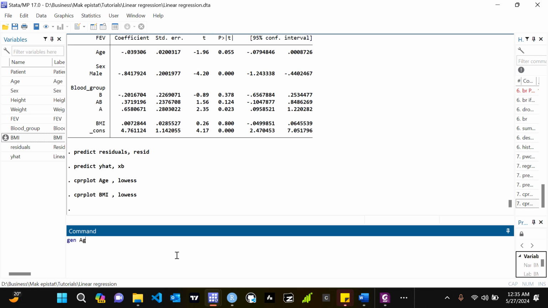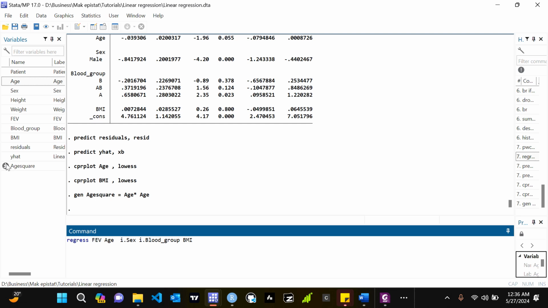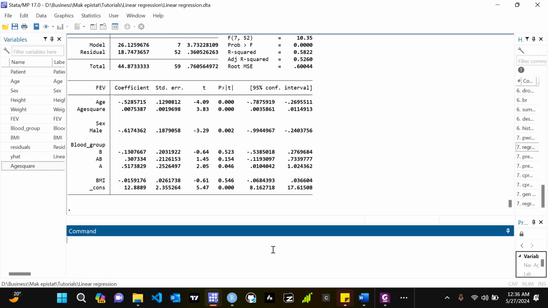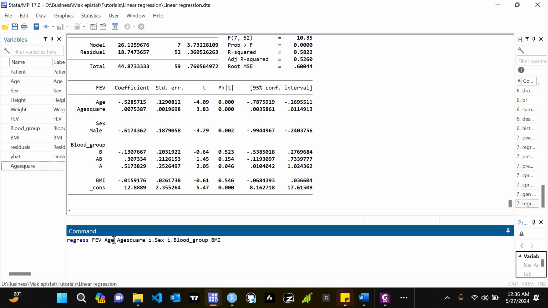We generate age squared equals age times age, then we run our regression again. By the way, if you're running a regression with a higher order term, the variable which gave us the higher order term also has to be in the regression model.